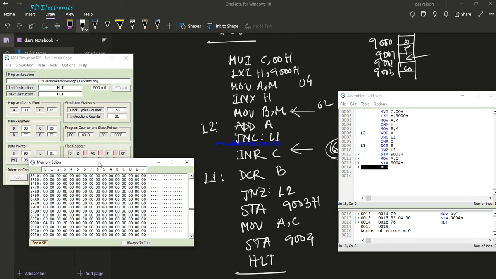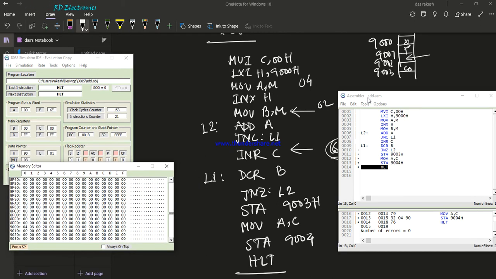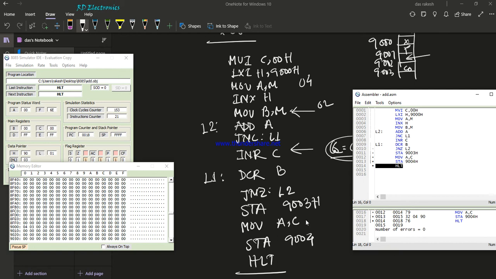After this operation the answer is not correct, because check the algorithm. First MOV A, M, INX H, then the second number is stored in B, and then addition is done with itself.